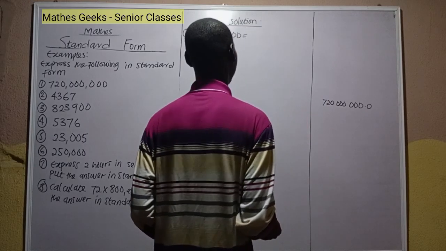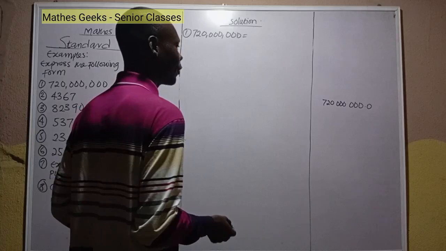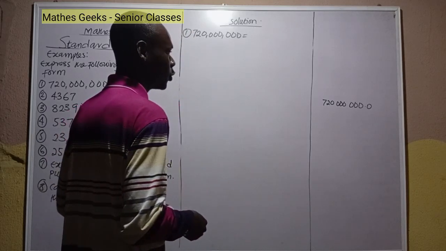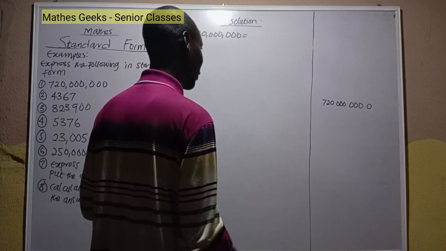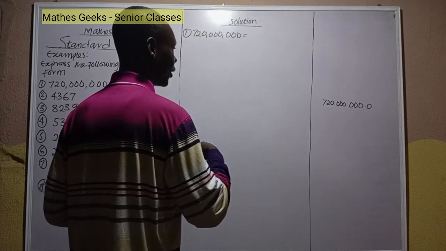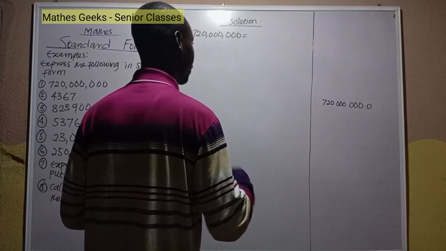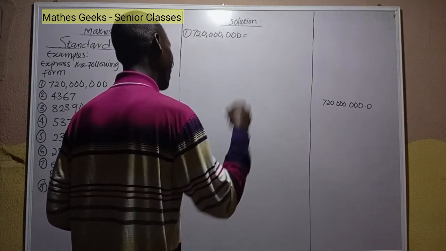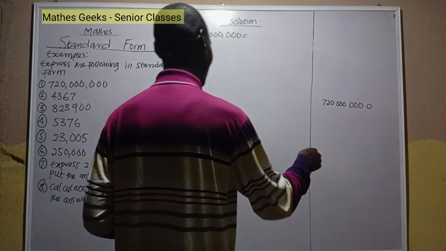Sometimes you're confused: where is the decimal point coming from? Because when I started, I said you must move the decimal point from where it was, to the first significant figure, or between the first and second significant figure, and drop it there. So you might be wondering, where was that decimal point before it was moved?